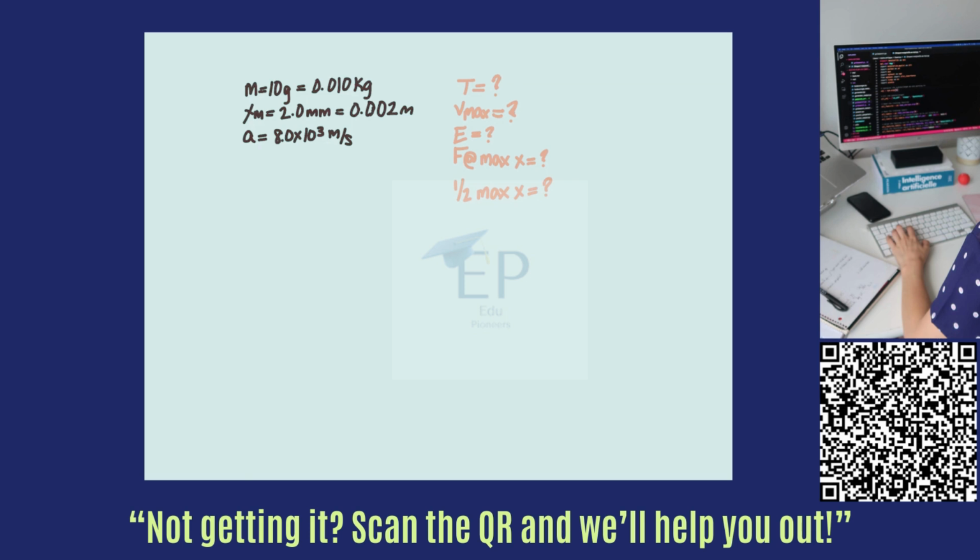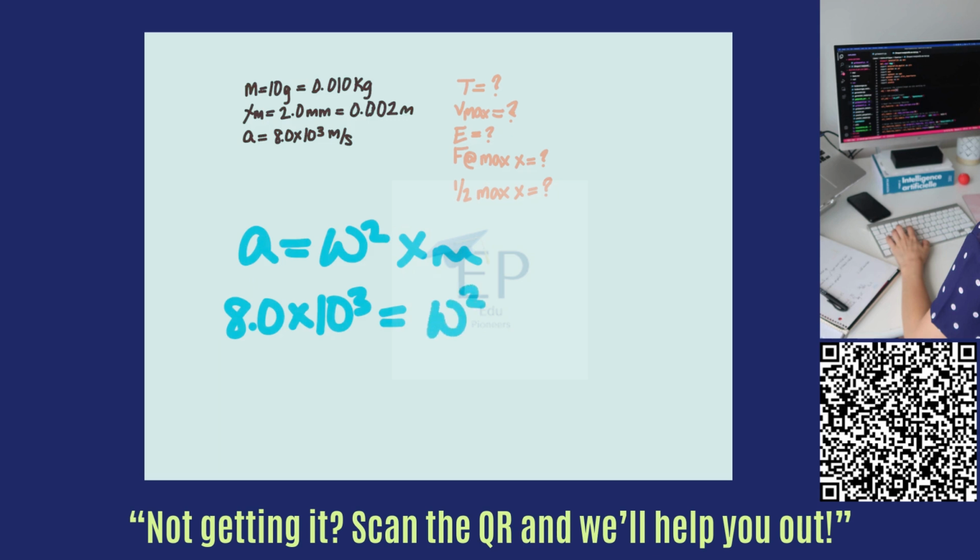So starting off with the period, we're going to start off with the equation acceleration equals omega squared times displacement. We have the acceleration as 8.0 times 10 to the third. That's going to equal our omega squared times our xm, which we want to convert from millimeters into meters, so 0.002 meters, and that gives us omega.